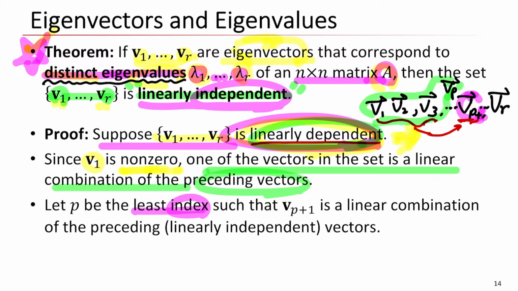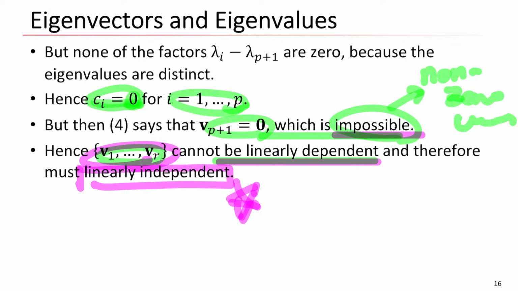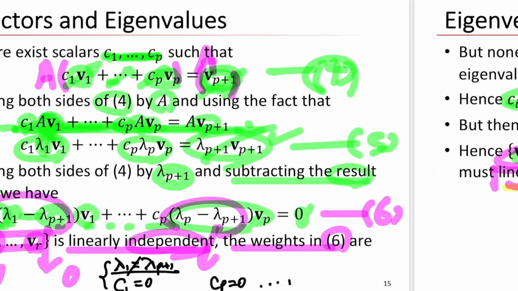How can I prove this? Suppose, first of all, that this set of vectors is linearly dependent, but that is not possible. So the set of those vectors cannot be linearly dependent; it must be linearly independent. Okay, so that was the theorem.